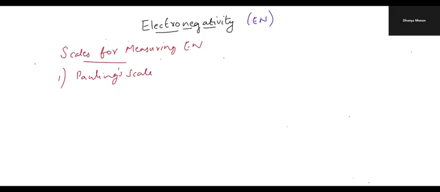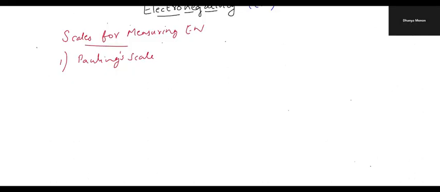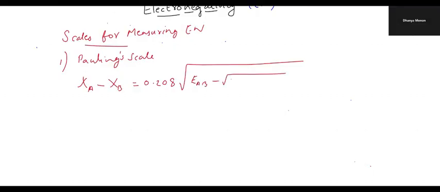Now, he gave a formula for measuring the electronegativity, according to which Xi A minus Xi B equals 0.208 under root EAB minus under root EAA times EBB. It's not a big formula, don't worry.